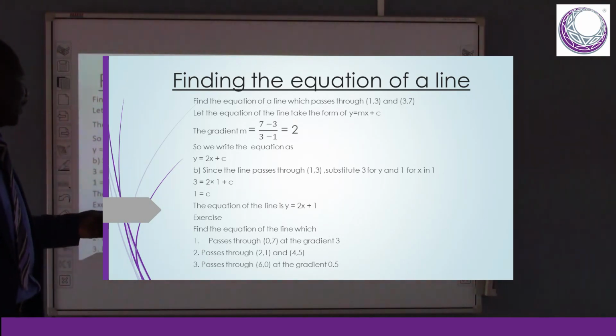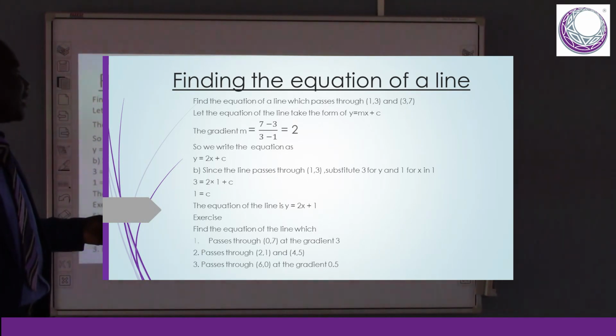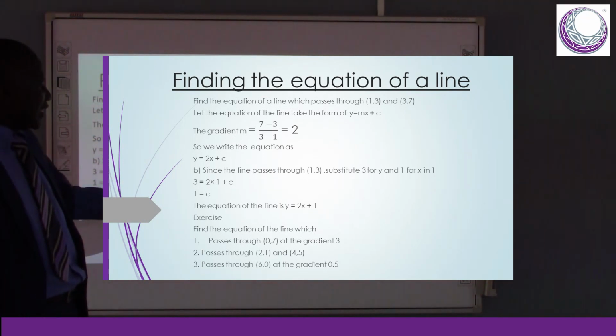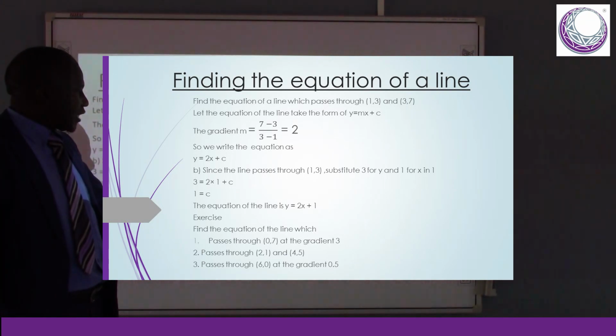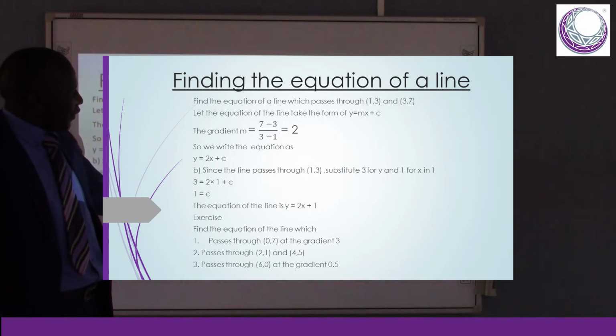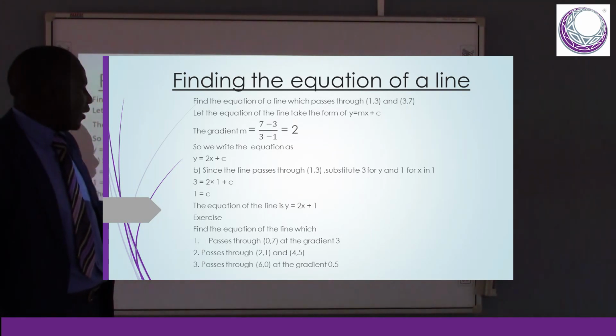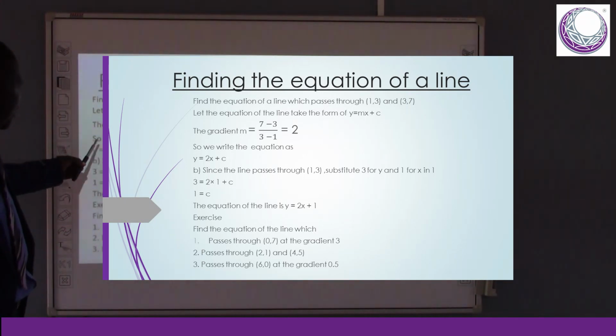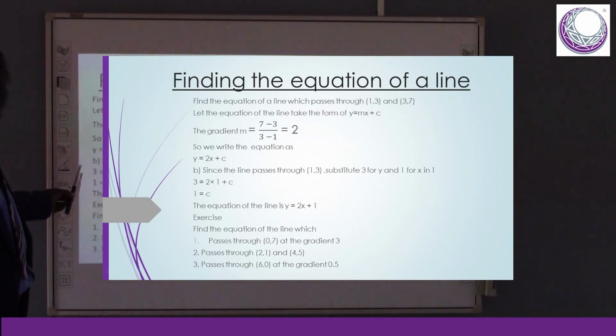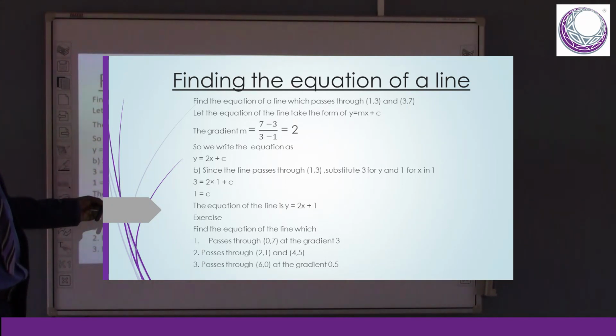I'm going to substitute 3 for y and 1 for x. In other words, the 1 stands for the x value and the 3 stands for the y value. Now I'm going to substitute them into the given equation. Therefore, under y I'm putting 3 is equal to 2 multiplied by the x value, 1, and then plus c.